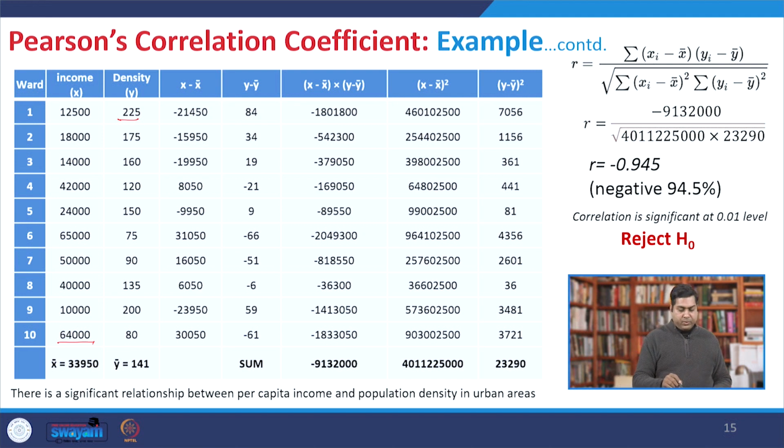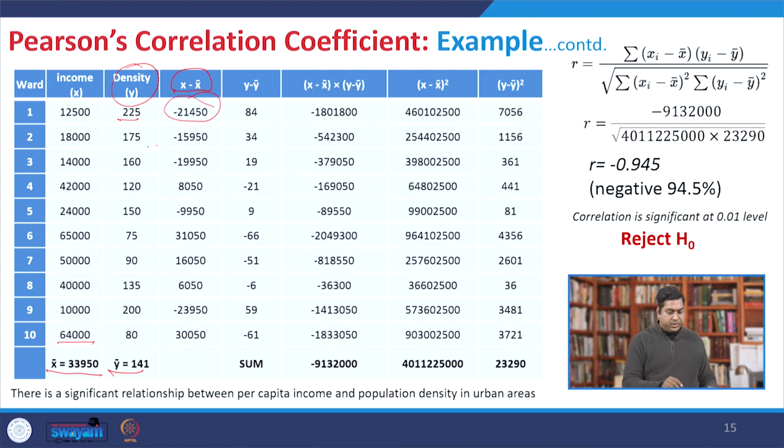First you have to find the difference between the individual value of each variable and its corresponding mean value. So, suppose income is x and density is y, where y is the dependent variable as we mentioned. We calculate x bar and y bar, the mean income and mean density, and then we find the differences.